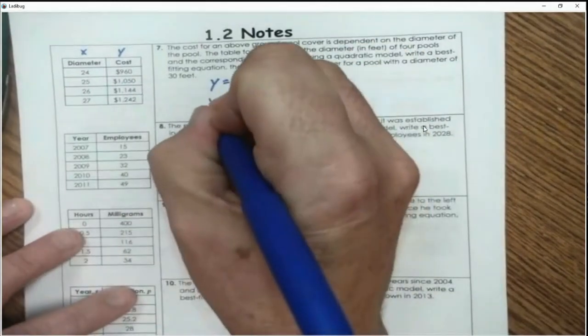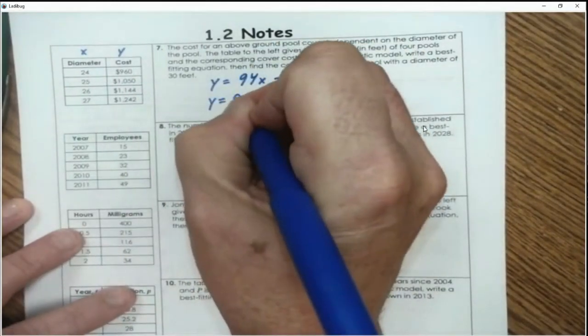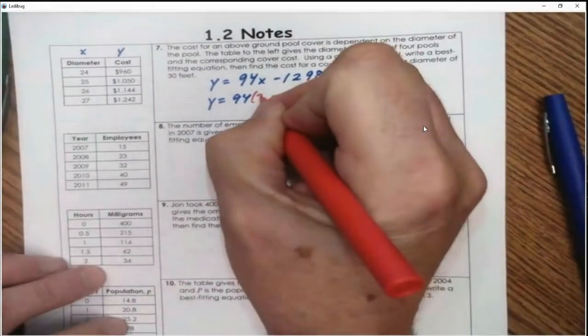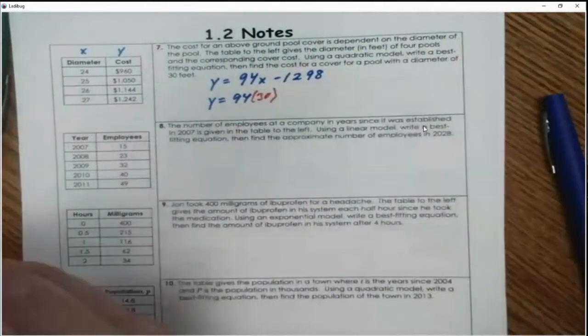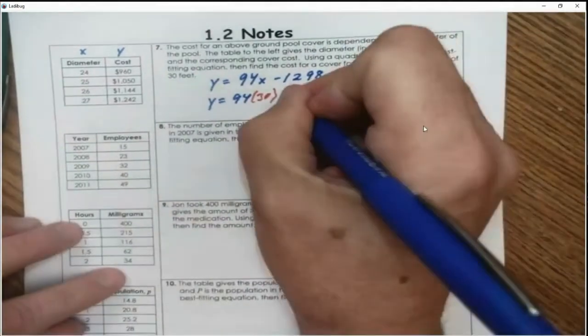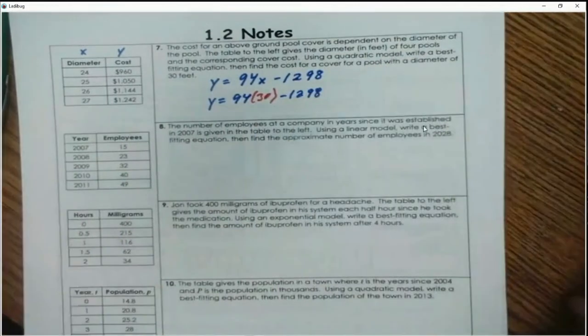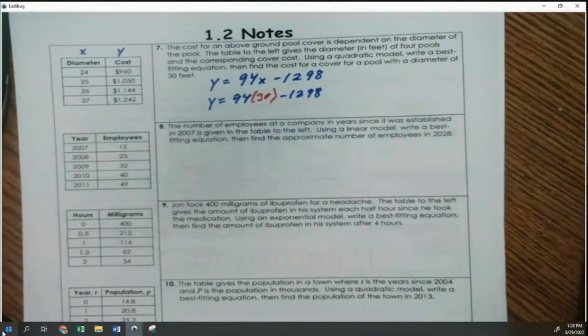So we say y equals 94 times 30, we just substitute 30 in for the x, minus 1298. Let me bring a calculator up on the screen here.